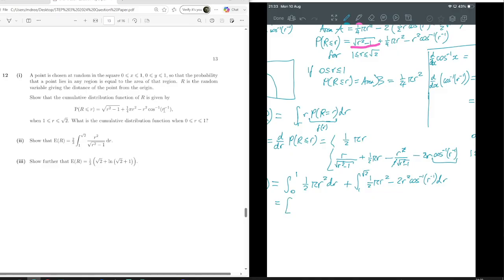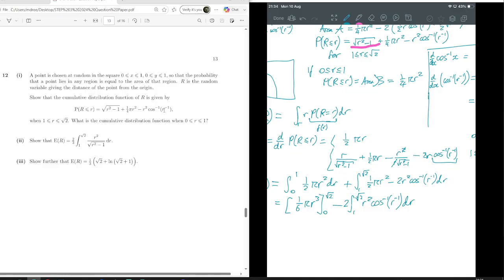So this can become a sixth pi r cubed between 0 and root 2, not root 3, cubed between 0 and root 2 for those, minus 2 lots of the integral of r squared cos inverse r inverse dr. Because our other option is we could make a substitution, some kind of substitution to hopefully change that integral into something more pleasant.